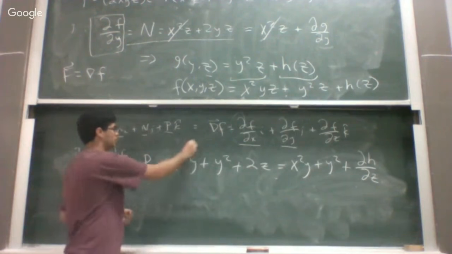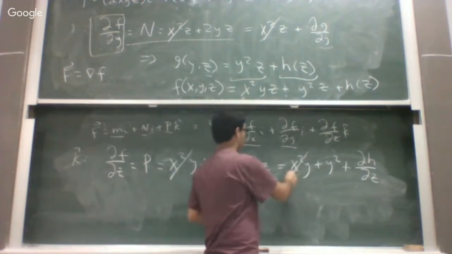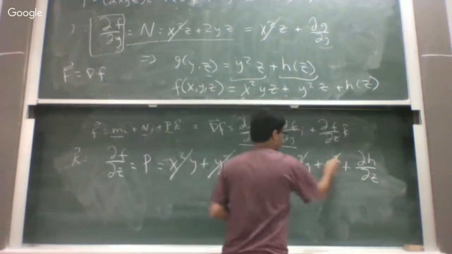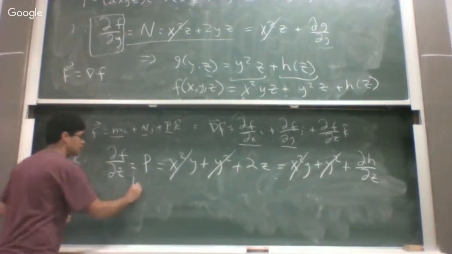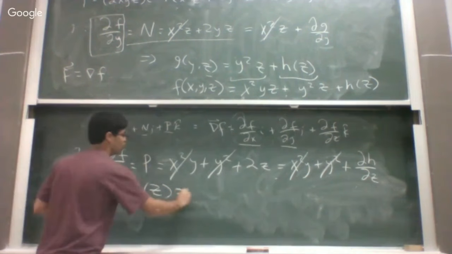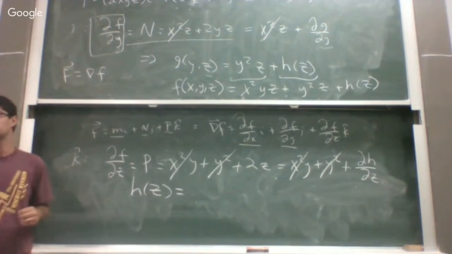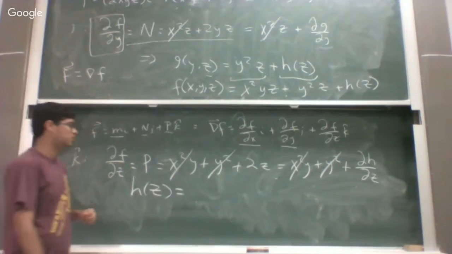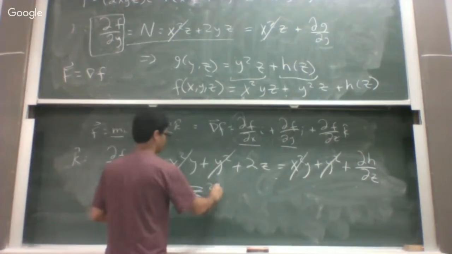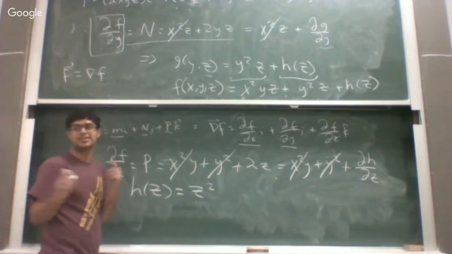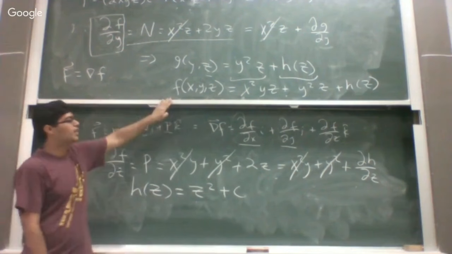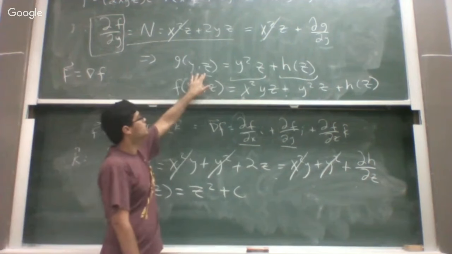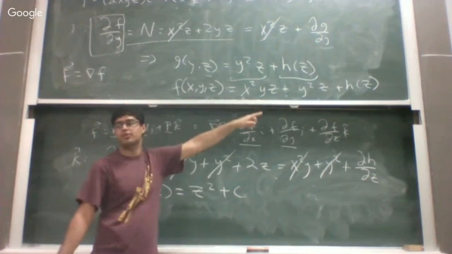We simplify it. x squared y goes away, y squared goes away. We do the integral to find h. So h of z is equal to what? z squared. That's it. Plus c. We didn't have to write plus c before because we knew there was an extra component to it, right?